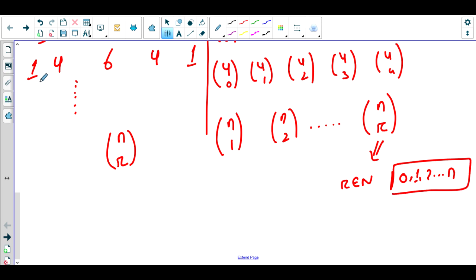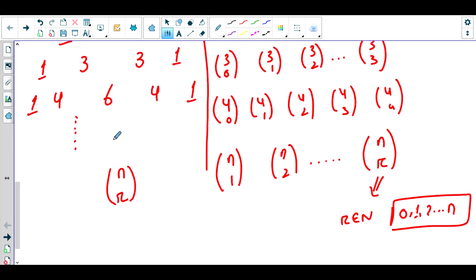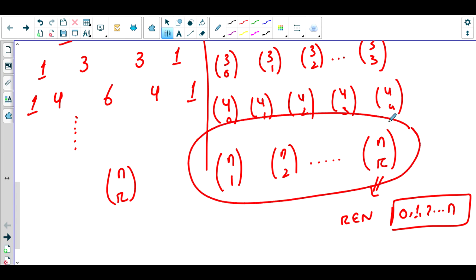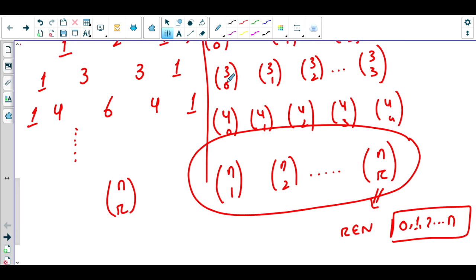If I want to write it generally, for example I say r is 3, n is 5. In this way we can use this to get that respective term. Eventually these are all combinations, like how many combinations are possible.